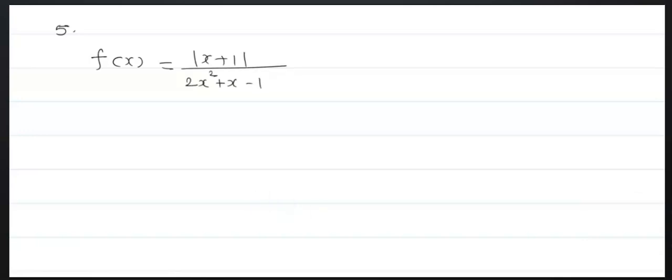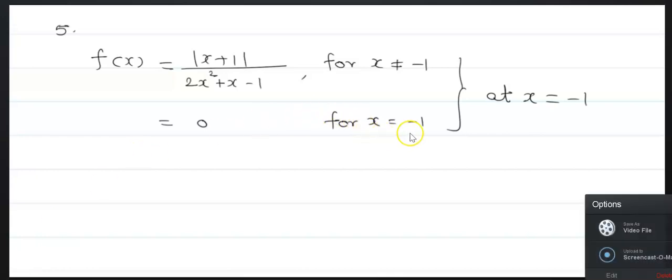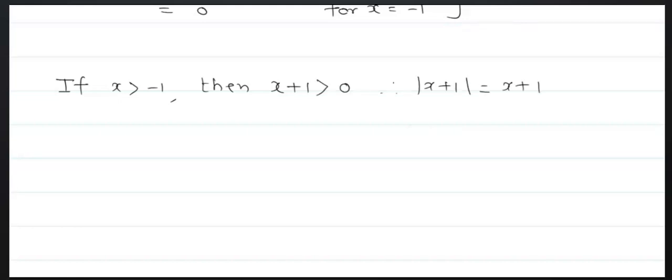F of x is equal to mod of x plus 1 upon x square plus x minus 1 for x is not equal to minus 1, and equal to 0 for x is equal to minus 1. If x is greater than minus 1, then x plus 1 is greater than 0.